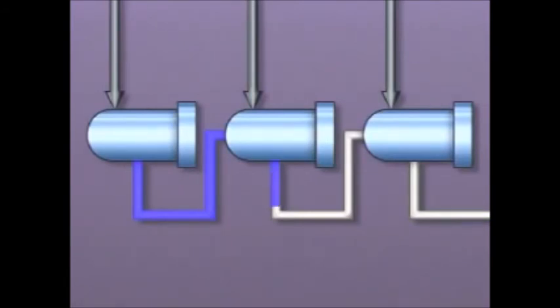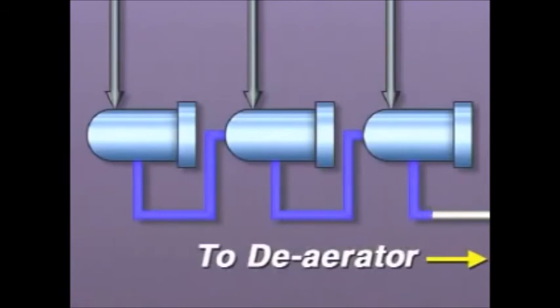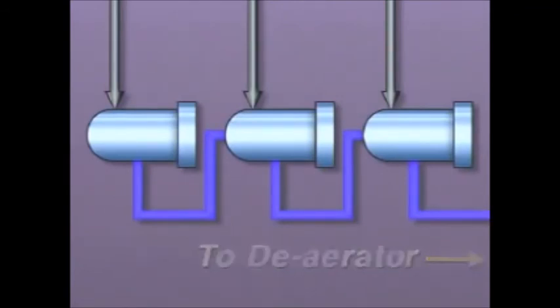In our example, the flashing and condensing process for the drips continues through the train of heaters until the drips from the heater that has the lowest shell temperature and pressure flow into the deaerator and become part of the feed water. In other cases, such as in the operation of low-pressure heaters, the drips from the heater with the lowest pressure and temperature flow into the main condenser.